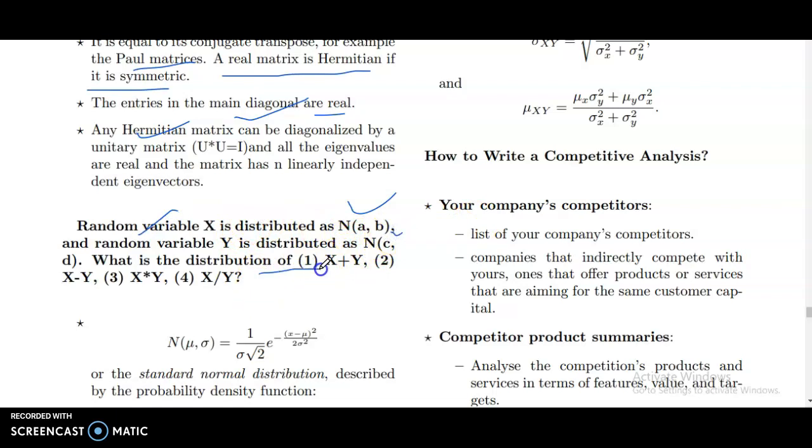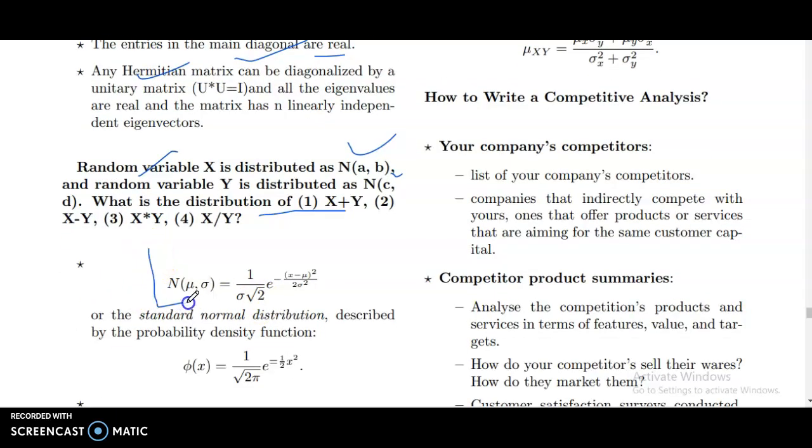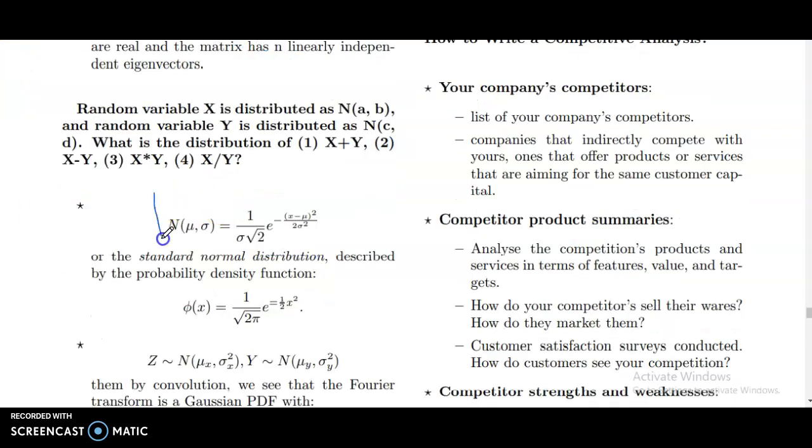What is the distribution of x plus y, x minus y, x into y, and x by y? N(mu, sigma) equals 1 by sigma root of 2 pi, e to the power minus (x minus mu) whole square divided by 2 sigma square.